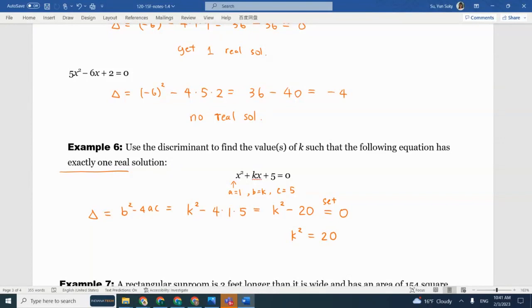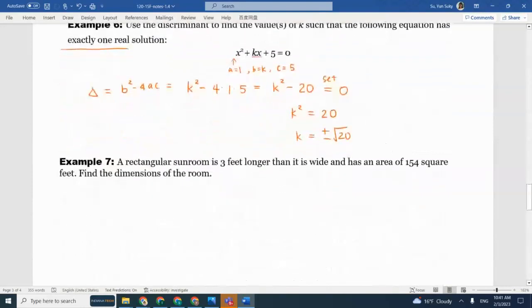Is everybody okay with that? We add 20 to both sides. When we take square roots, what happens? Do you just get square root of 20? Yeah, plus or minus. Exactly. So here we have two values of k such that the following equation has exactly one real solution. Okay, everybody? All right. So we keep going.